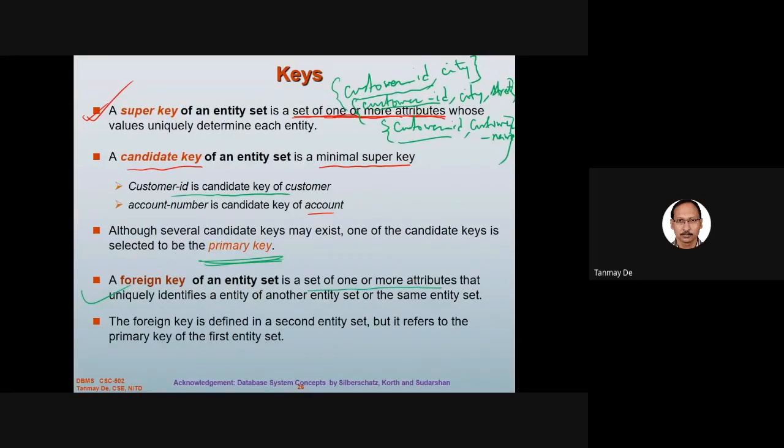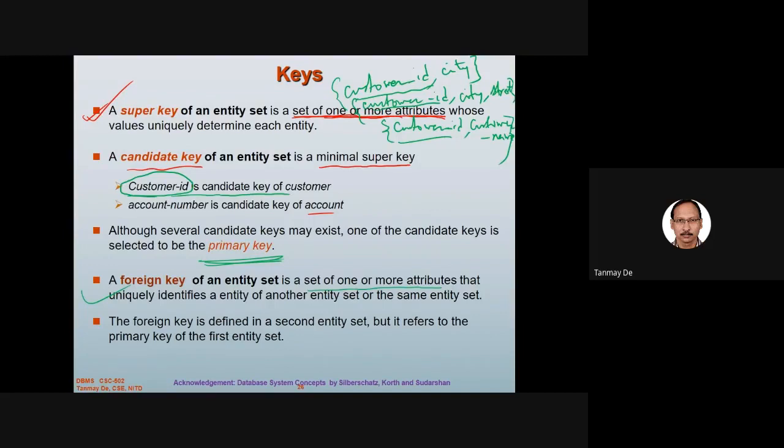Suppose this customer ID is the primary key or candidate key of the customer entity. If this customer ID is present in another entity set as one of the attributes, then it is called the foreign key of that entity set.